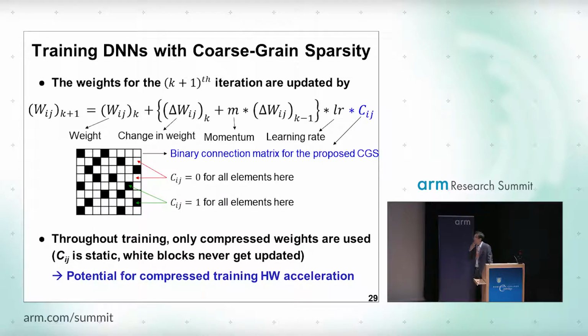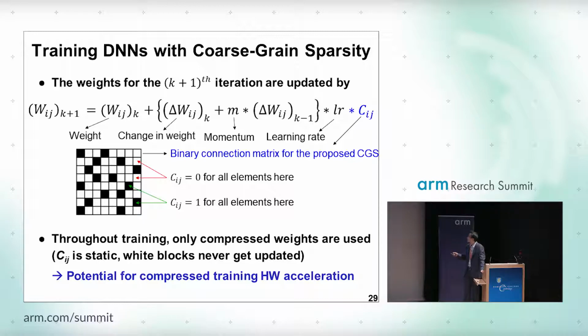So as I said, this CGS method has to be done throughout the training process. So we cannot really use an existing training method or an already trained network and then just try to prune it. So this is the conventional weight update equation where by backpropagation, we calculate the delta W, the change in the weight. There could be some momentum factors and learning rate.